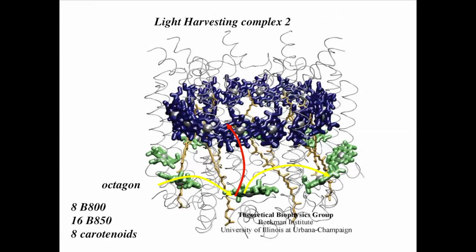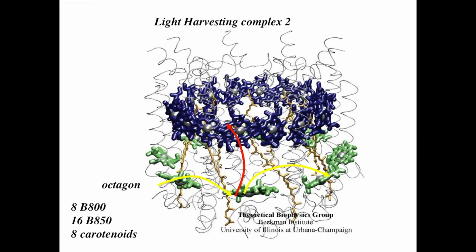And here we see a more detailed structure of the light harvesting complex 2. At the top, you see 16 of these bacterial chlorophyll units, and at the bottom there are 8 of these green ones. The wiggled lines are the proteins. There are chromophoric units that are embedded in a protein matrix, and they hold them in the right place.